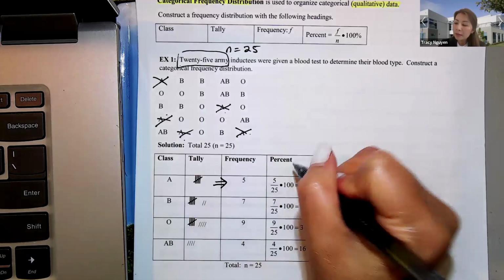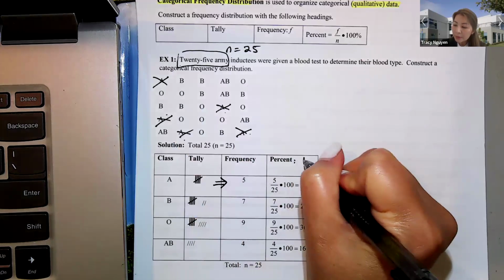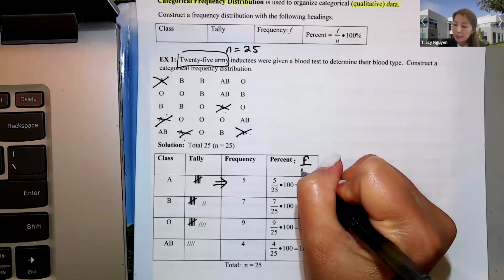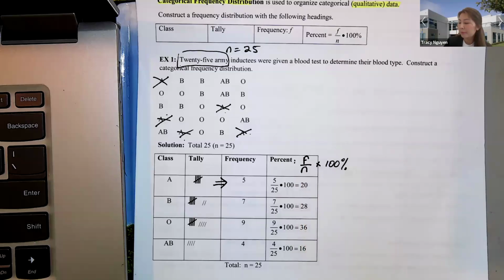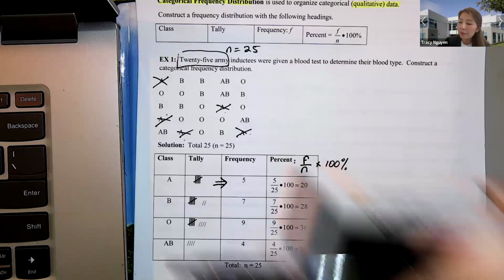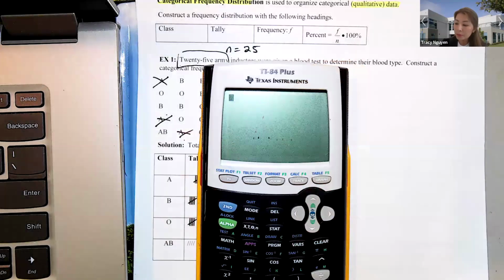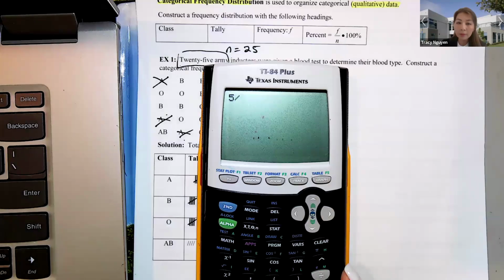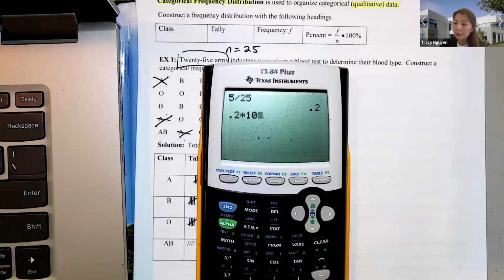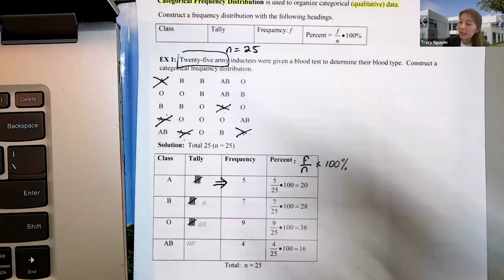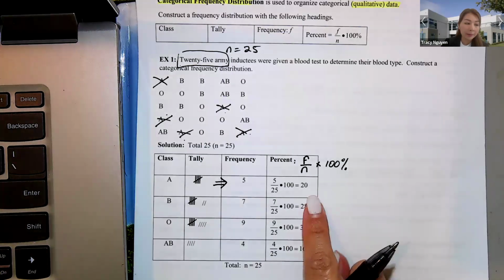Then to figure out the percent, we take the frequency divided by the total, times 100%. Here the total N equals 25 and our frequency is 5. I'm going to share my calculator to do the computation. 5 divided by 25 is 0.2. Take 0.2 times 100, and that is how I end up with 20%.